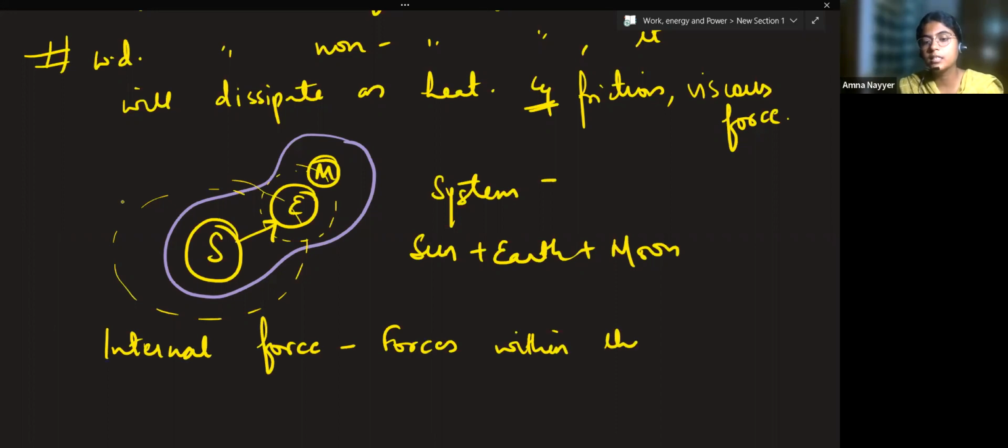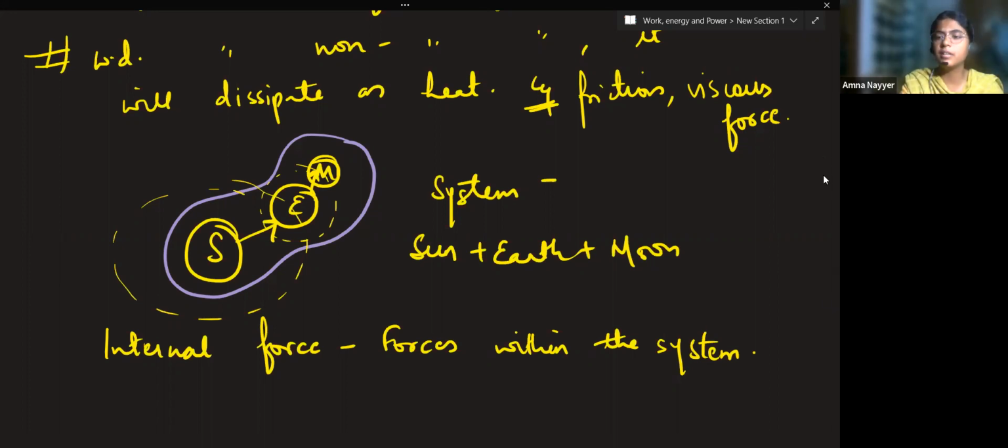Forces within the system. If Earth is exerting a force on Moon, that is also internal. If Moon is exerting a force on Earth, internal. But if Jupiter is exerting a force on Earth, Jupiter is not a part of my system right now. So Jupiter's force will be an external force.